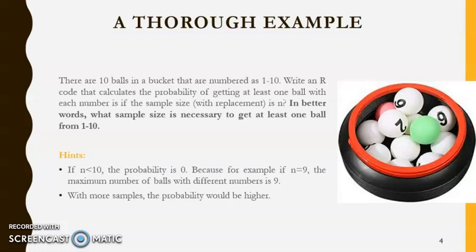It says write an R code that calculates the probability of getting at least one ball with each number if the sample size with replacement is n.